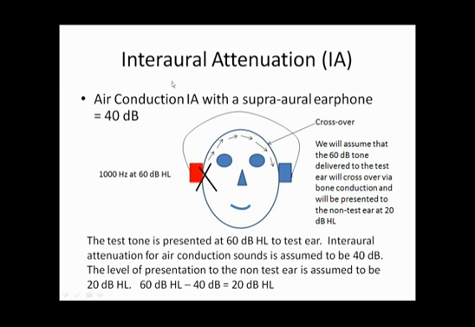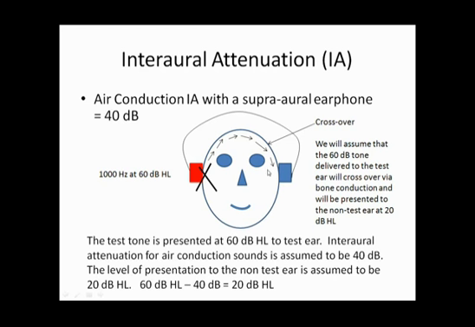Interaural attenuation we're going to assume to be 40 dB. 60 minus 40 means that the sound will be received by the cochlea on the left side at 20 dB HL. So we're going to assume that the cochlea on the left side will receive the tone at 20 dB HL.